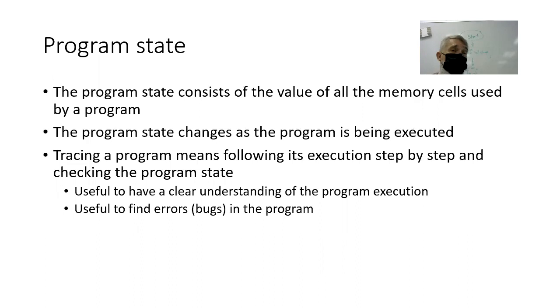Another way of doing that is by hand on paper, which is what we call tracing, where you can just go through the computer program line by line and have a table which has all of the variables, and you change the values as they're changed in the computer program.